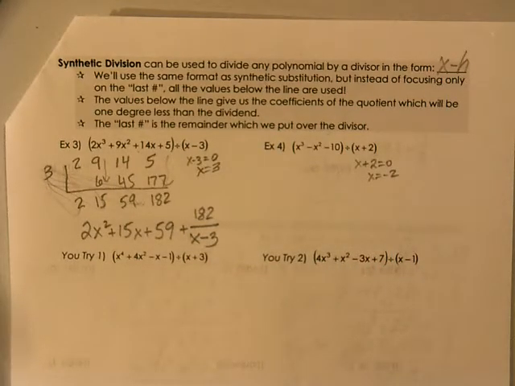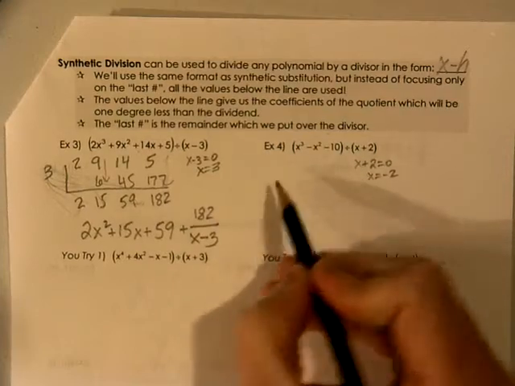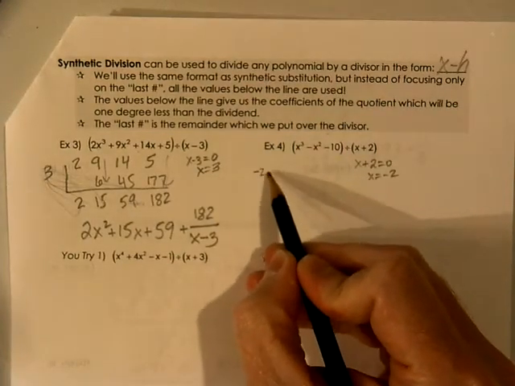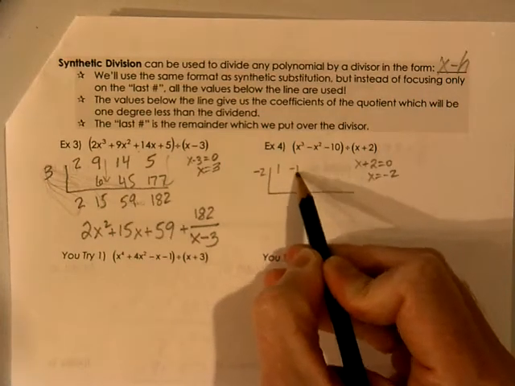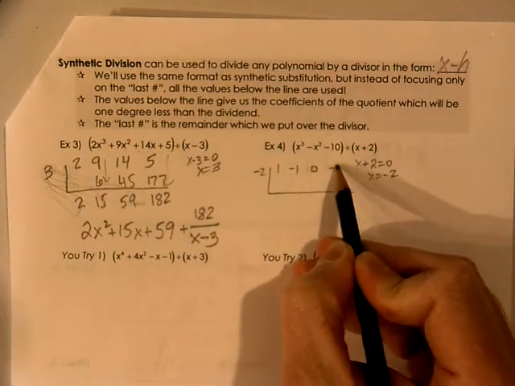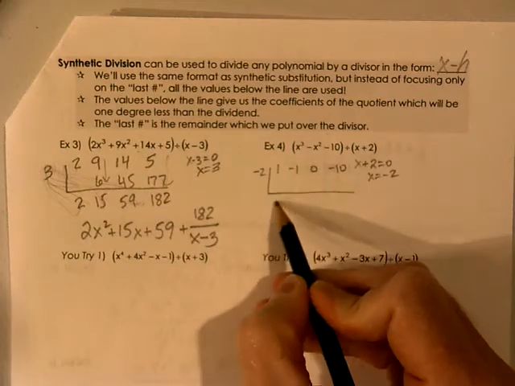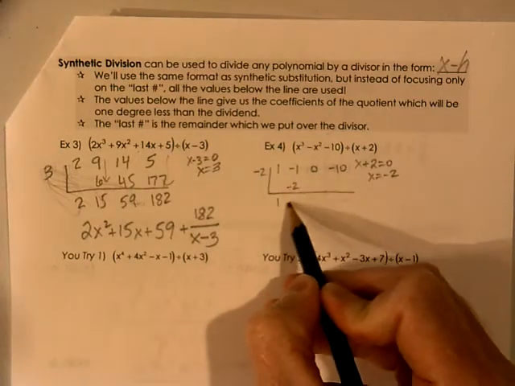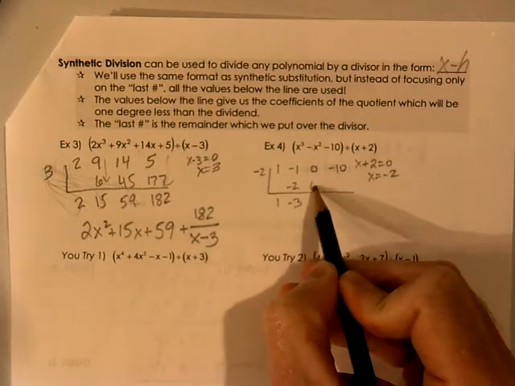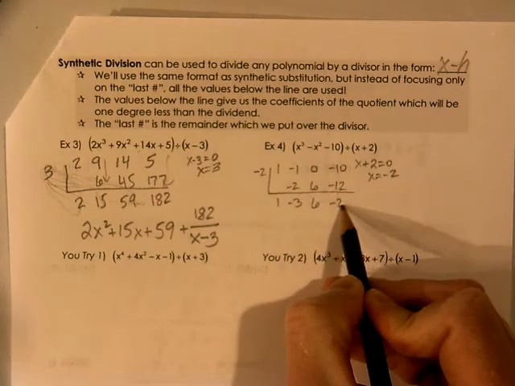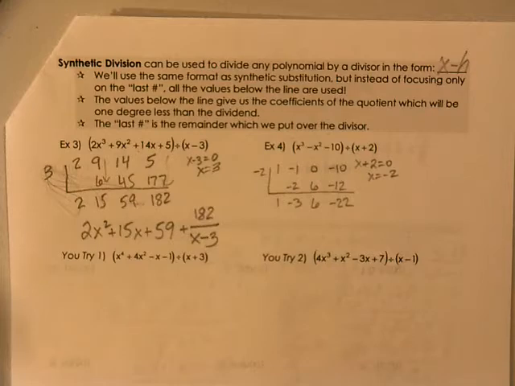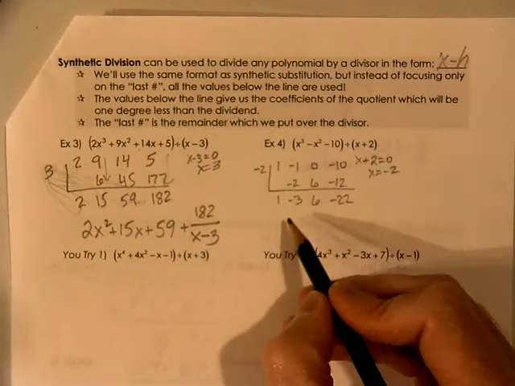We set this one up the same way. So we're going to say negative 2, 1, negative 1, 0, and negative 10. Multiply, multiply, we get the answer of negative 22.